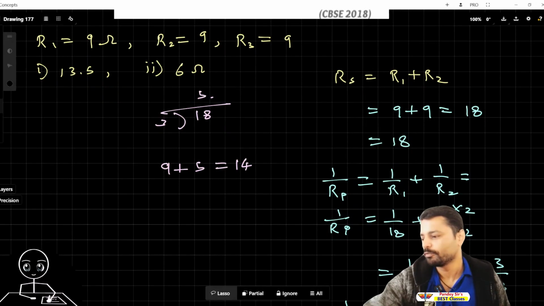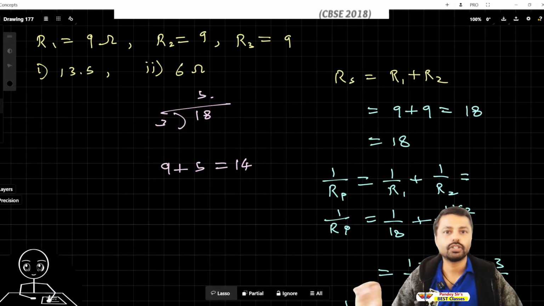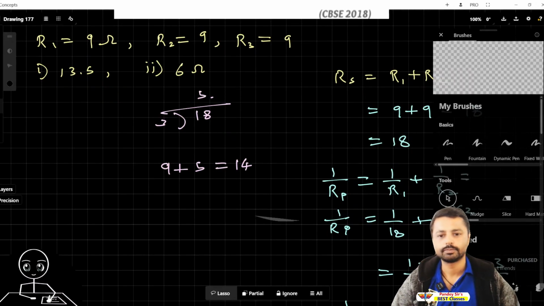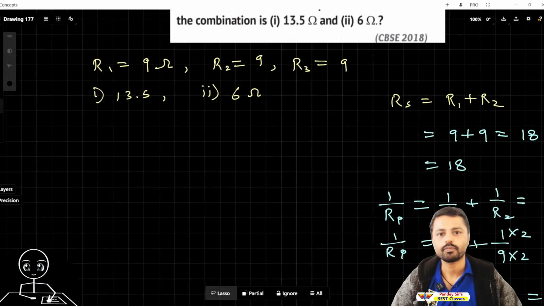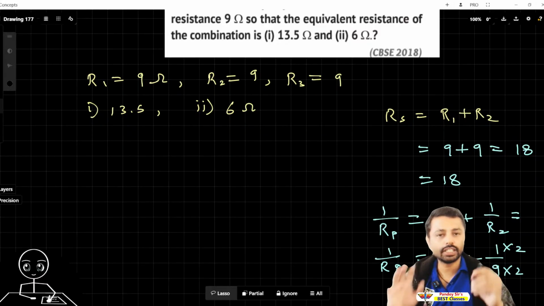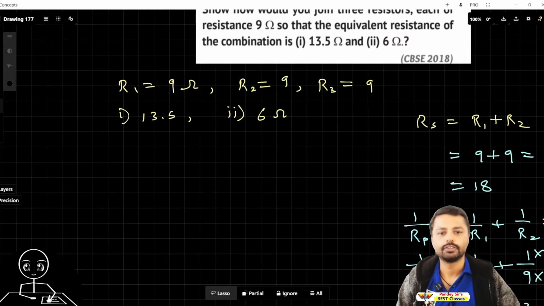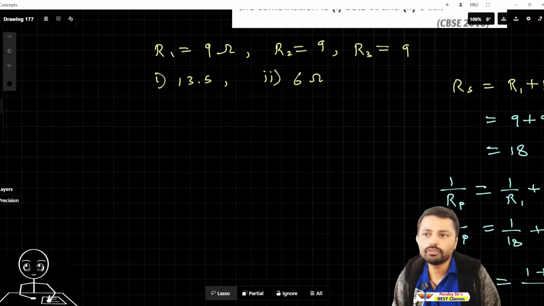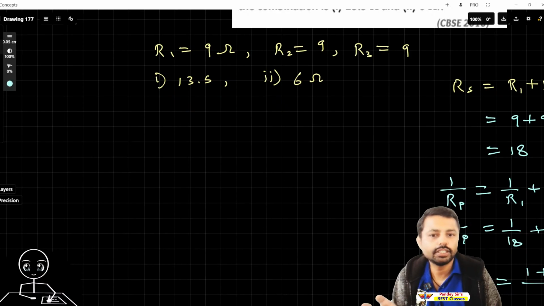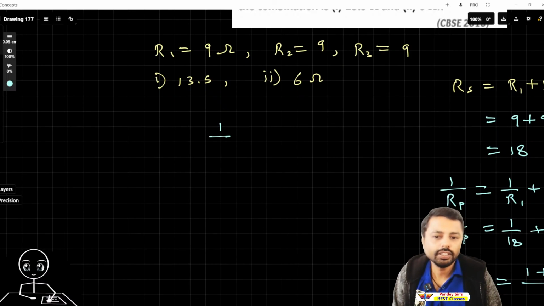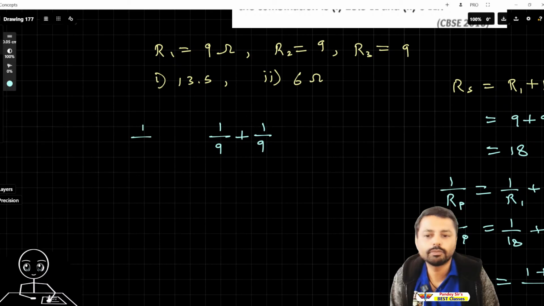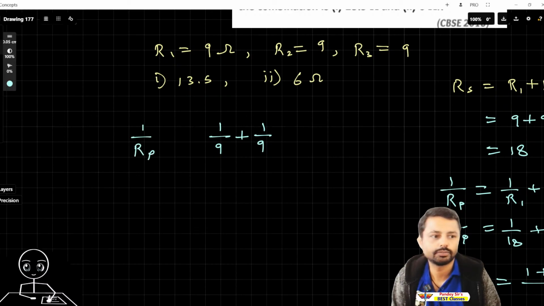Yes. Now, I will show the process for 13.5. After doing rough work, you will get the idea how to solve it. Okay. So, for 13.5, we'll do a little different method. 1 by 9 plus 1 by 9. We'll start with 1 by RP first.